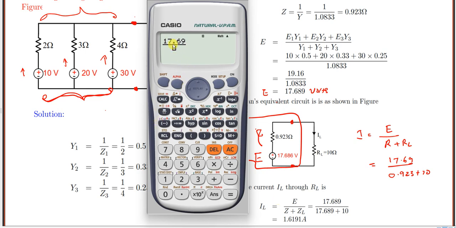But if you follow this fraction type, then no need to write bracket.